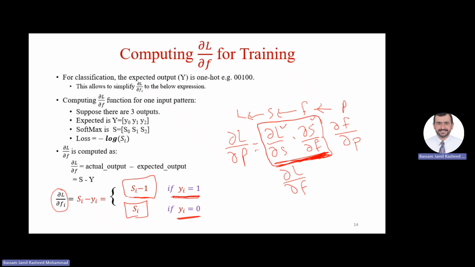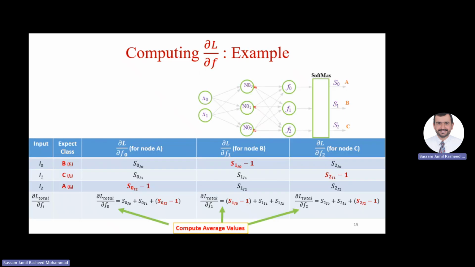Very simple, straightforward. Now, take for example here, I have these input patterns. I have an input pattern I0, and I know for this input pattern I0 that B is the correct output.